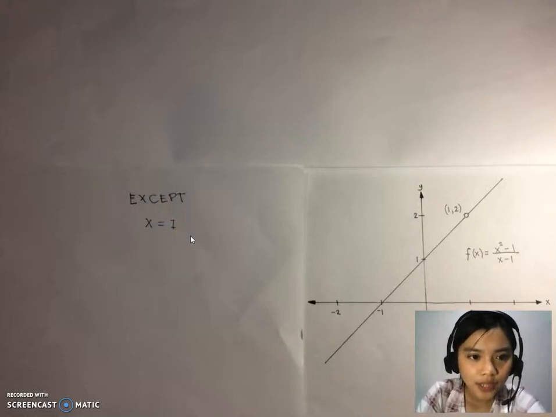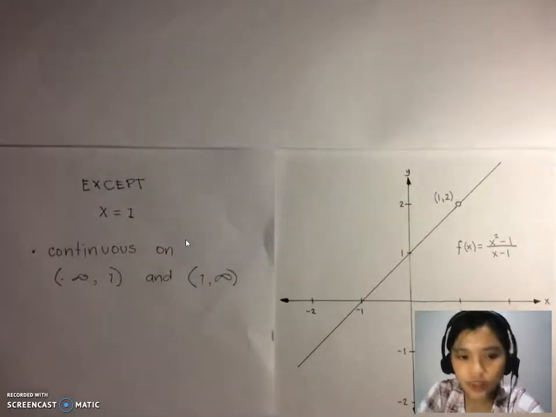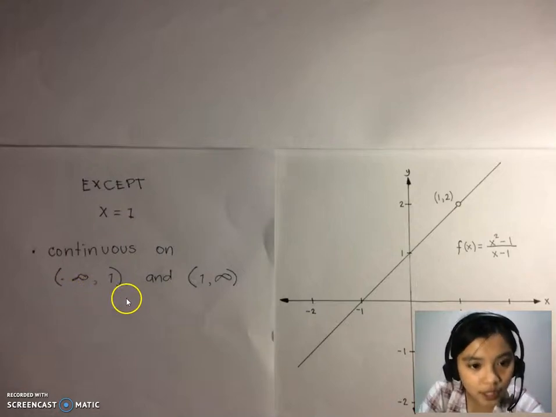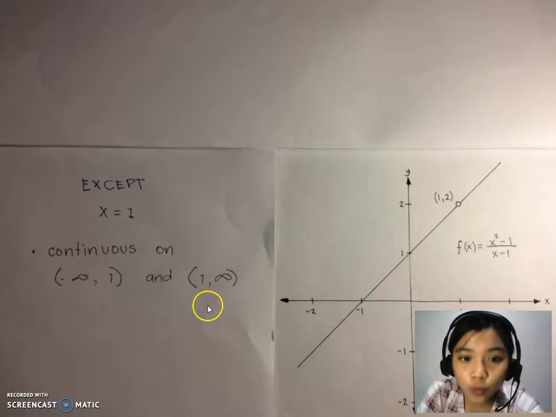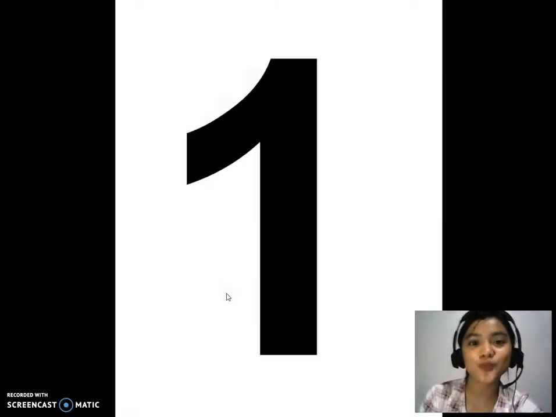So, this function is continuous on the intervals negative infinity to 1 and 1 to positive infinity. The intervals being discussed for examples 1 and 2 are open intervals.